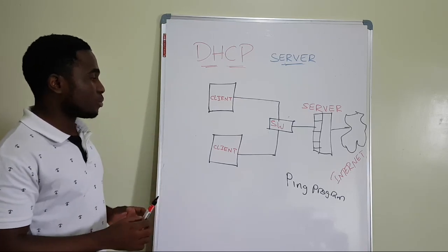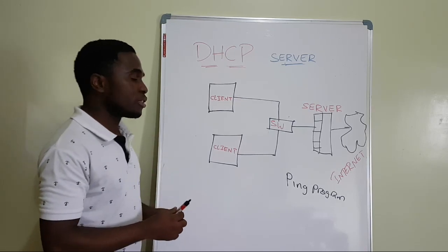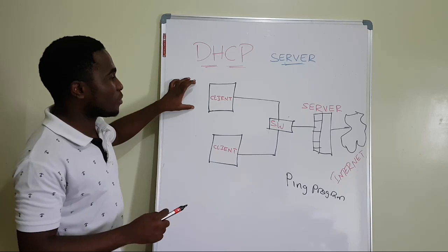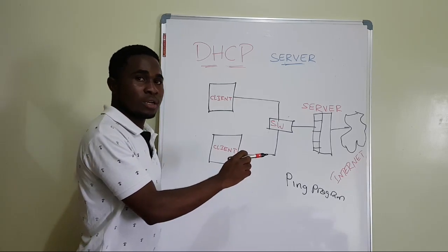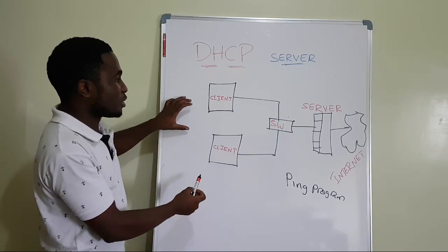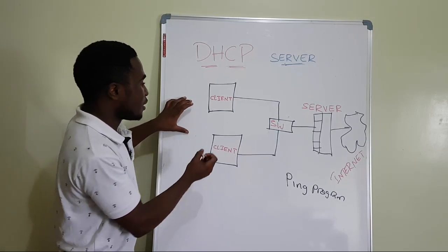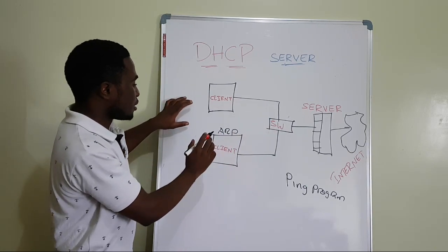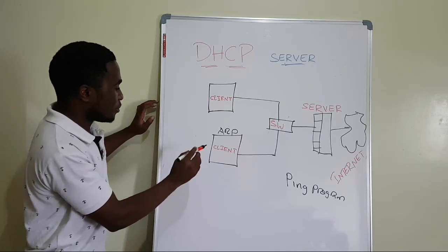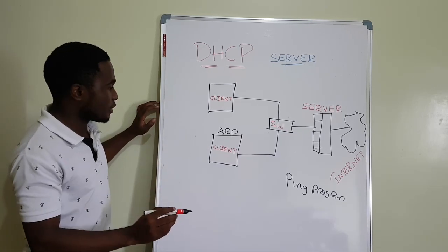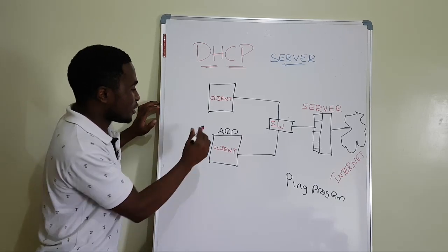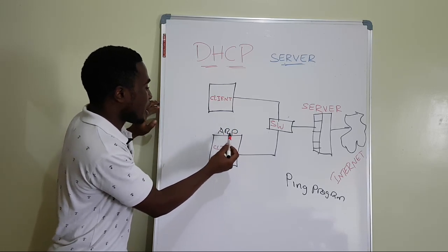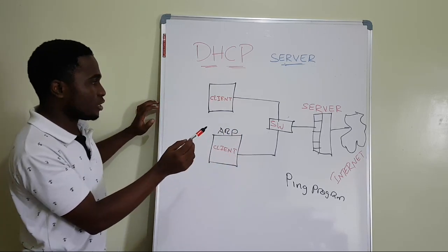At the same time, the client also checks for conflicts. How does the client check the conflict between IP addresses? The client has to send an ARP broadcast to the network. Since we have several clients connected to the network, each client will send the ARP broadcast. Since we know that each client should have its own IP address, if two clients have the same IP address, the ARP broadcast will contain the same message.